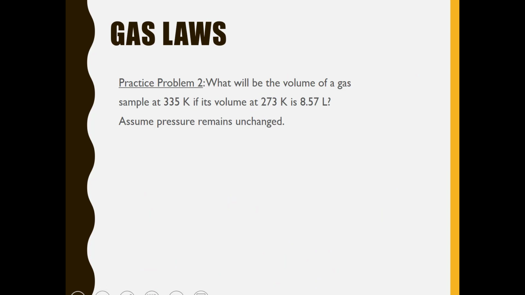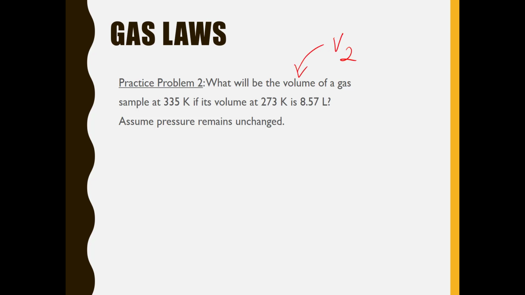Looking at our next sample problem, what will be the volume of a gas sample at 335 Kelvin if its volume at 273 Kelvin is 8.57? So what I always tell you to do is identify what you're looking for. So we're looking for a volume change, so V2.